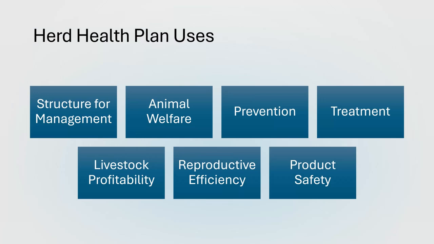And it also helps our livestock profitability, whether the animals are well enough to give us that profit or if we possibly need to cull an animal. And of course, it helps our reproductive efficiency and in keeping those good genes in our herd and not wanting to cull them out. And of course, at the end of the day, this is for products, so it is also for the product safety for the consumer.